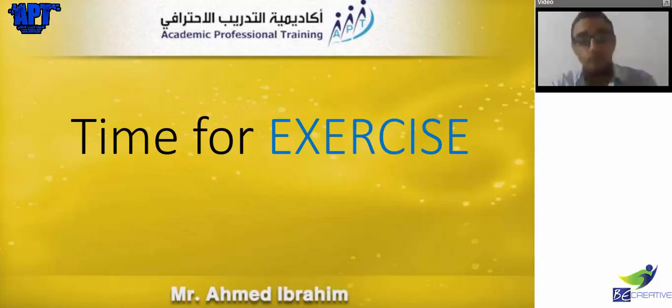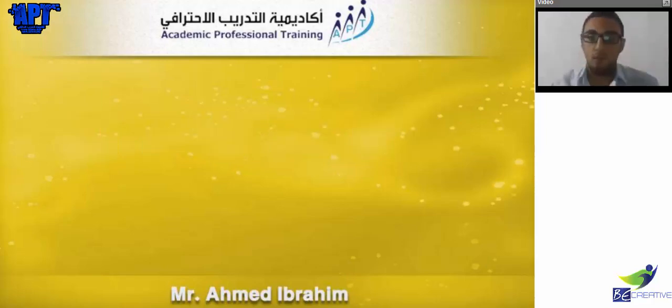After you make a sentence, you make this sentence in the negative. For example, Mr. Ahmed and speak, two words. If I want to make a sentence in present continuous, it will be Mr. Ahmed is speaking. If I want to make it negative, Mr. Ahmed isn't speaking. Now, let's go.